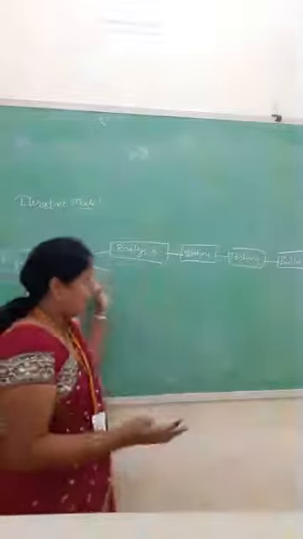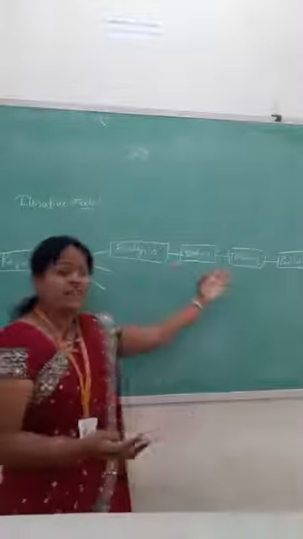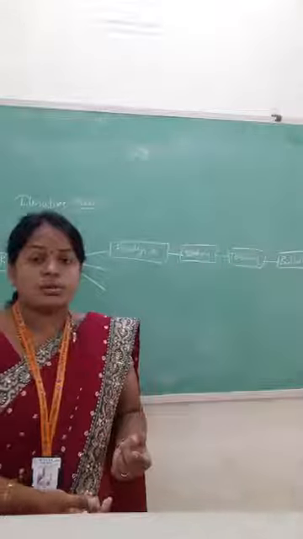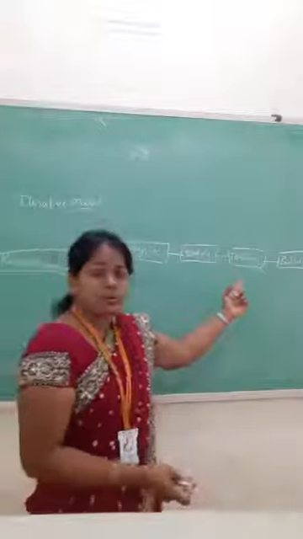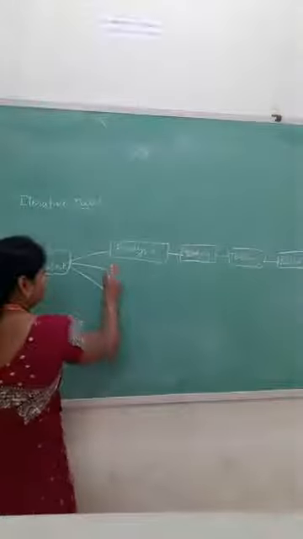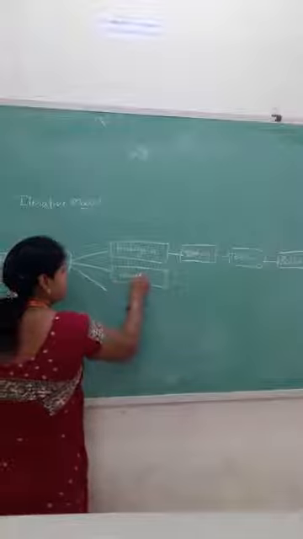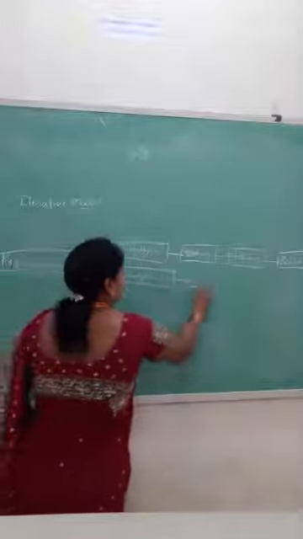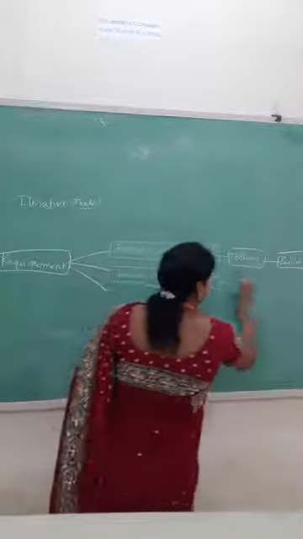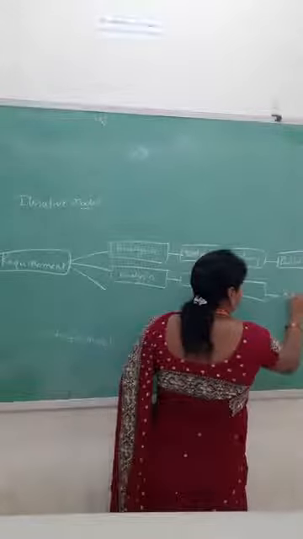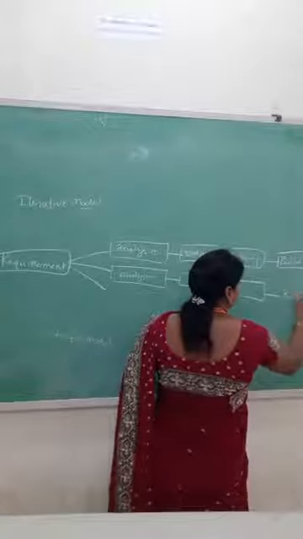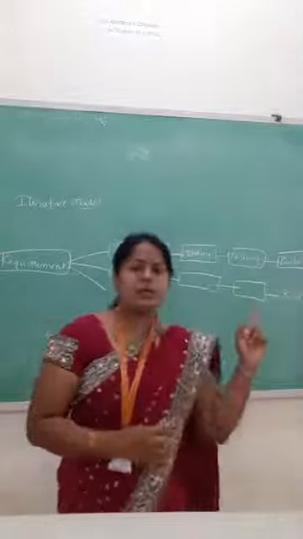Once you get build one, then they will plan the next build two. In build two the same process is completed: analysis, coding, testing, and immediately they release build two.